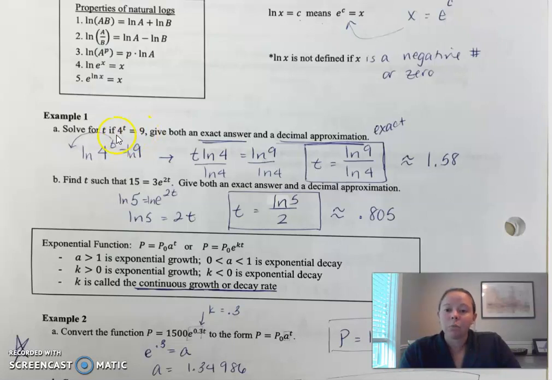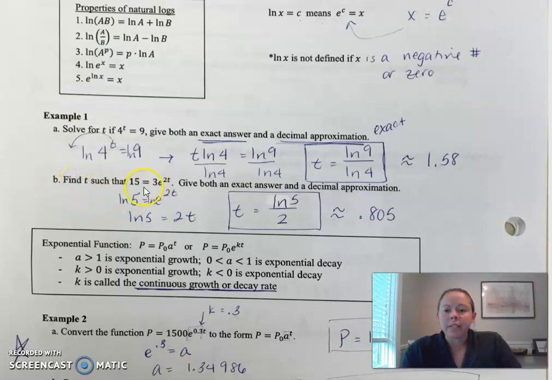I'm going to natural log both sides. And now I can pull that t down in front. So I'll have t times natural log of 4 equals natural log of 9. Then just simply divide both sides by natural log of 4 and you are done. That's it. It's the exact answer. Do not rewrite this as natural log of 9 over 4. That's a completely different answer. Don't make that mistake.